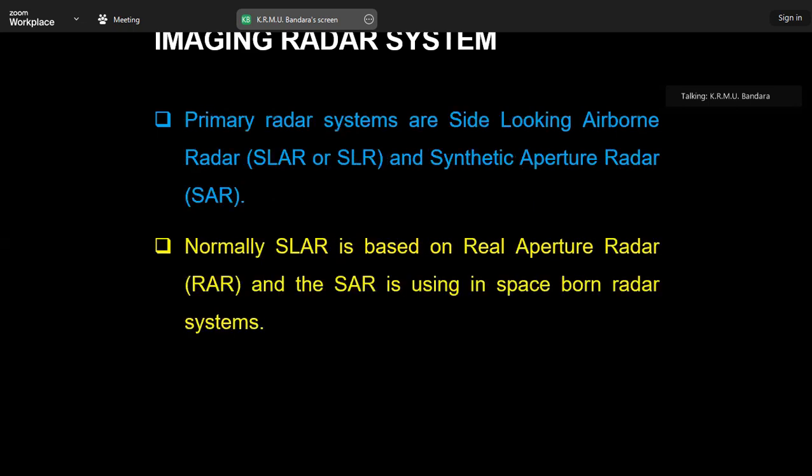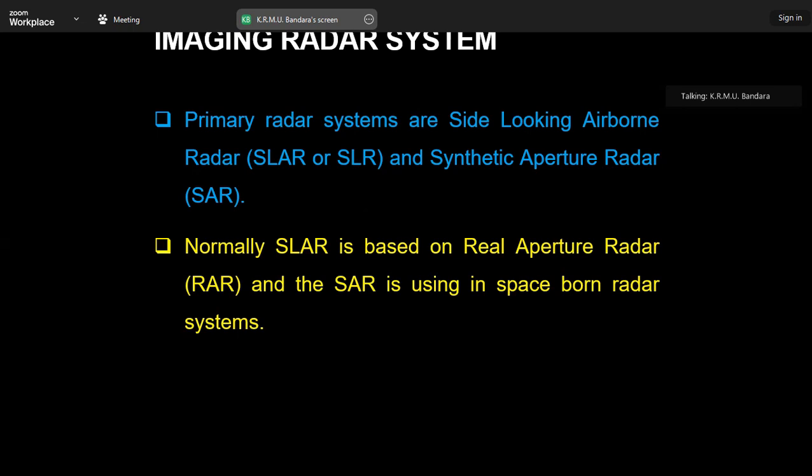Now, for primary radar, there are two systems. Microwave radar systems are divided into two: imaging and non-imaging. The imaging system is divided into two parts.